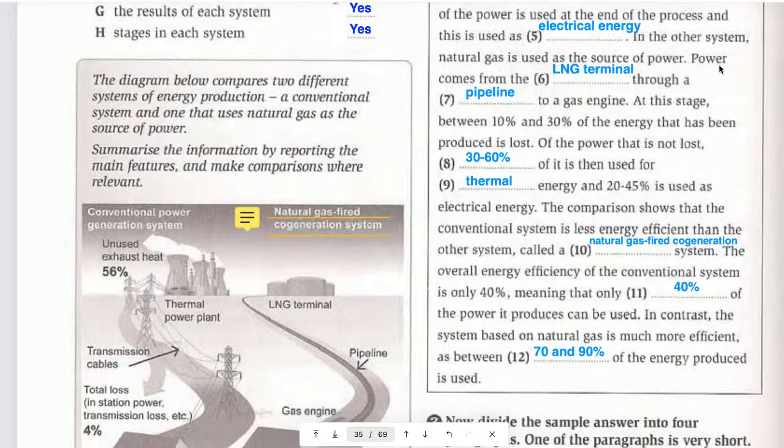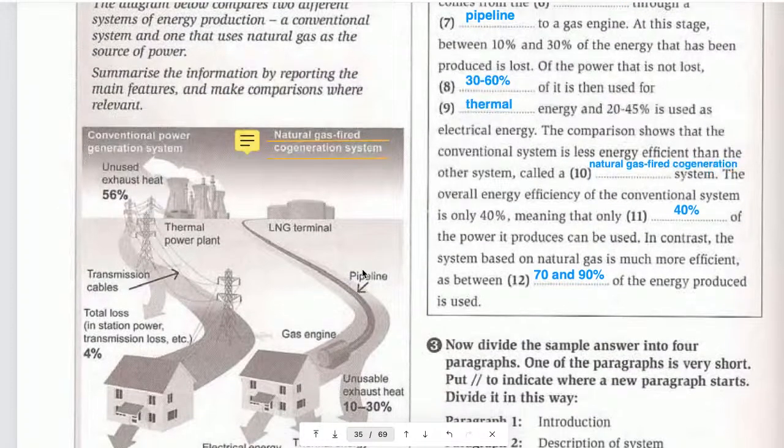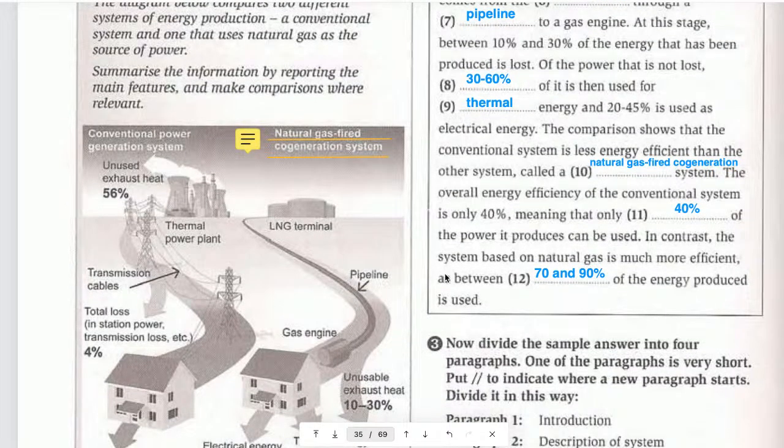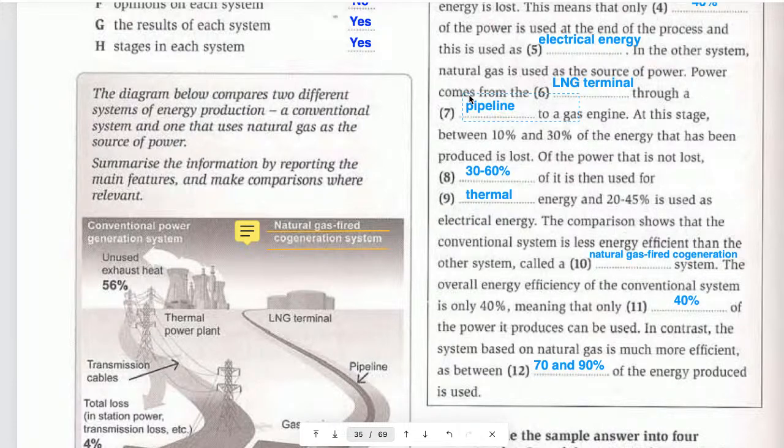Okay. And next one, they say power comes from the LNG terminal. Where can we see that? Where can we see that information? At the first stage of the system, right? You can see they mention LNG terminal, right? So that means power comes from the LNG terminal through what? Through a pipeline.